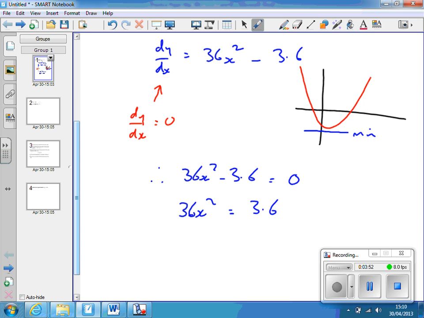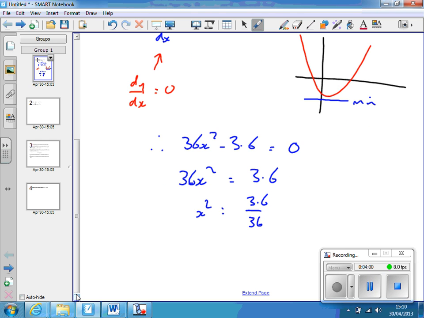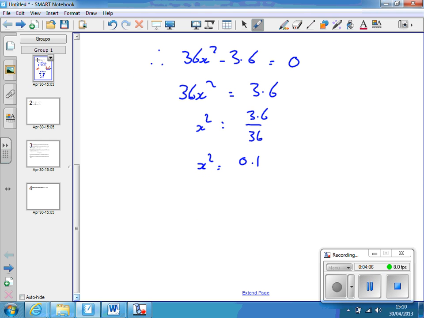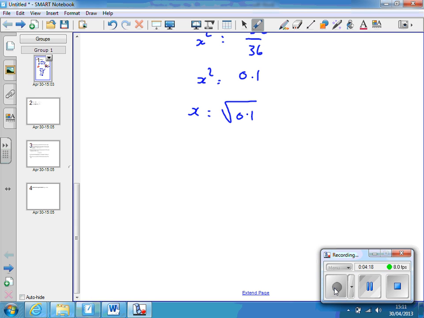Dividing both sides by 36, we get x squared equals 3.6 over 36, which is in fact a tenth. So x squared equals 0.1. So to find x, we square root 0.1. Okay? So this equals 0.316.